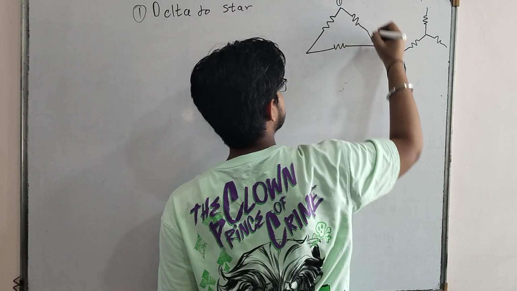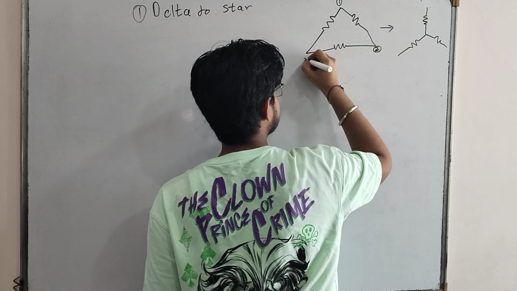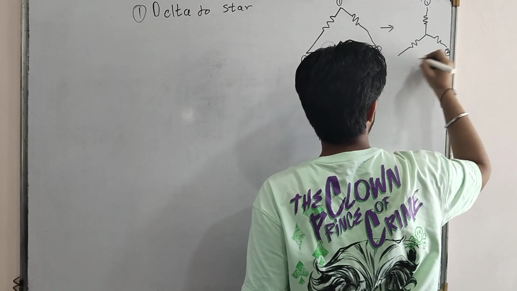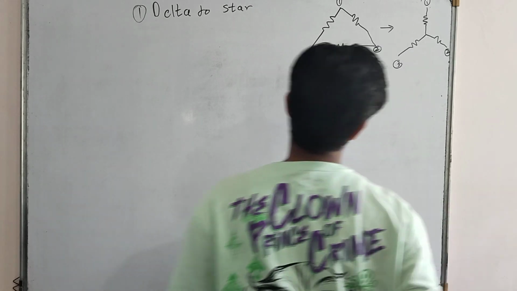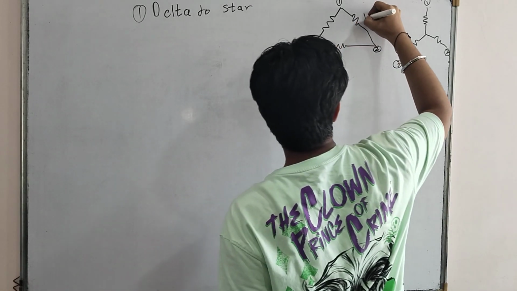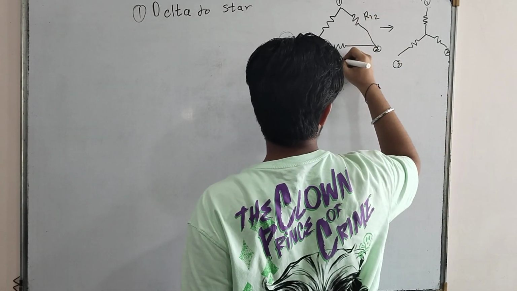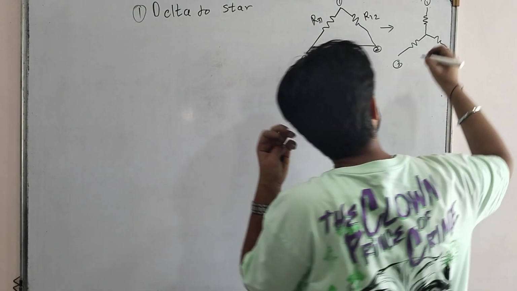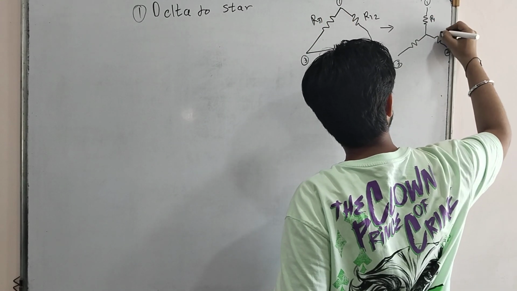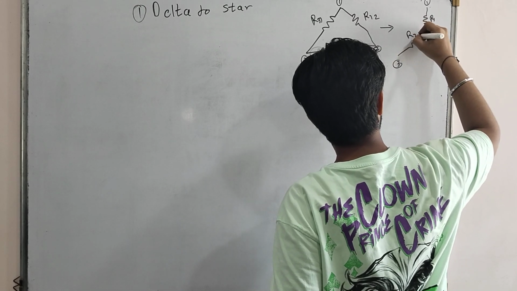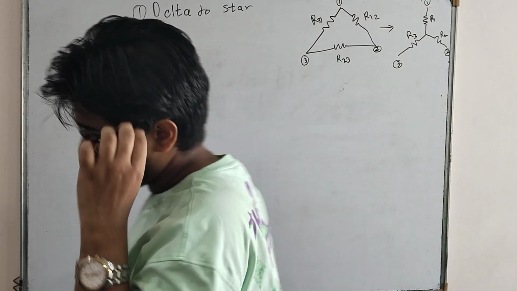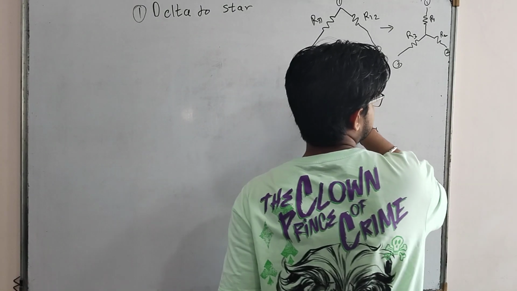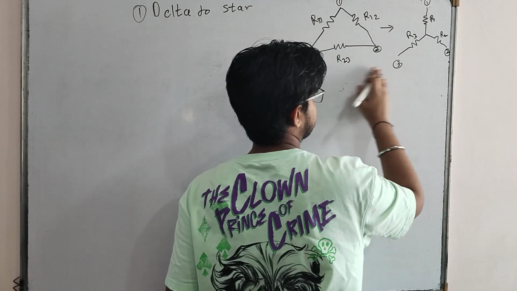This is my point 1, point 2 and point 3. Likewise, this is my point 1, point 2 and point 3. Let us name the resistances. This is my R12, this is my R23 and this is my R31, and this is my R1, R2 and R3. Here we are going to see how to convert this resistance format into this resistance format.